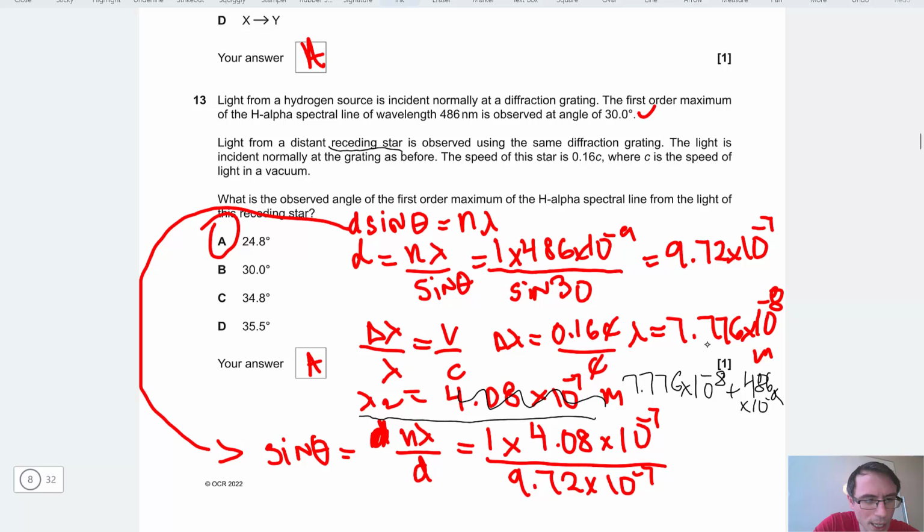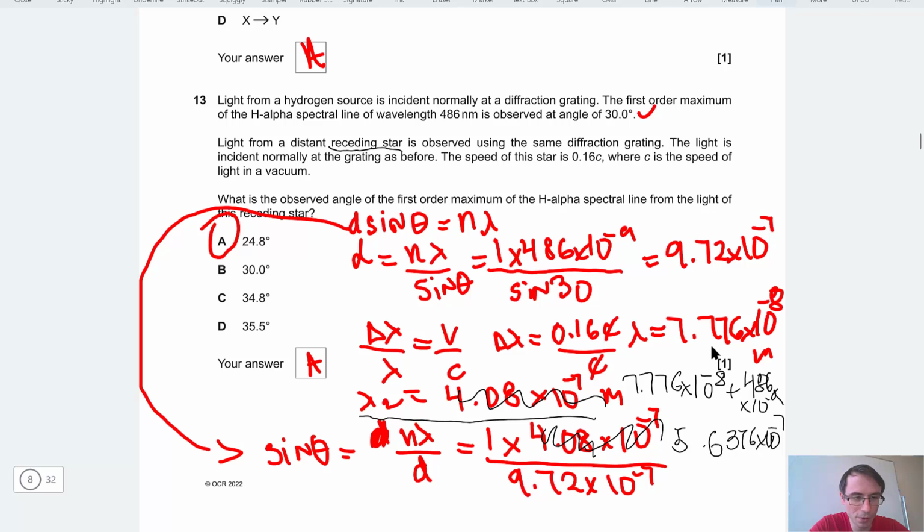Now this is going to change this number to 5.6376 times 10 to the power of minus 7. So let's see what we get.